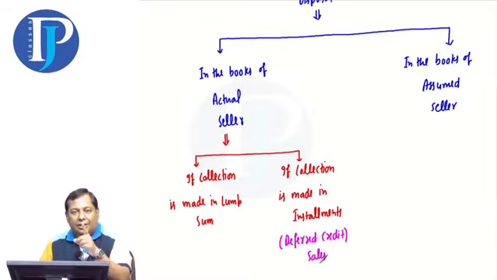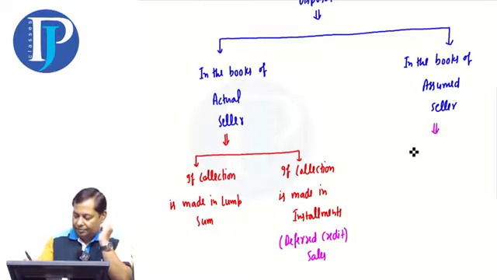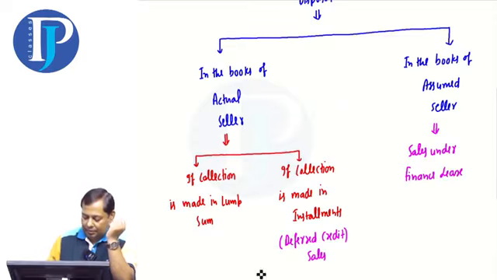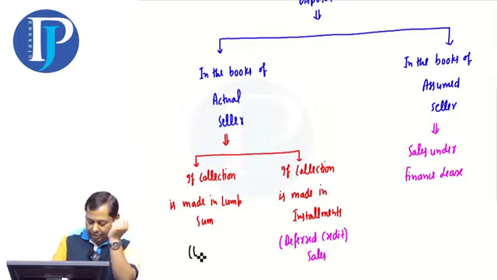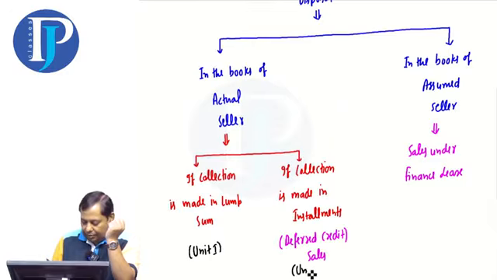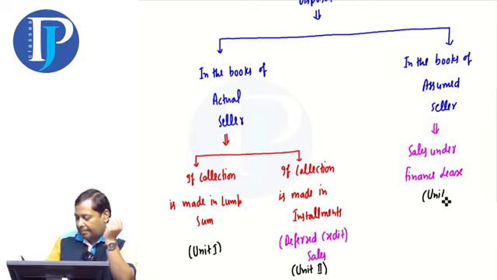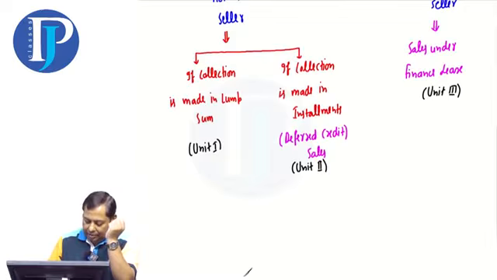And when we talk about deferred credit, there will be time value of money. Present value will be there and interest. Sales under finance lease. This is our unit 1. This is our unit 2. And this is our unit 3. We have written unit 1 in the heading.